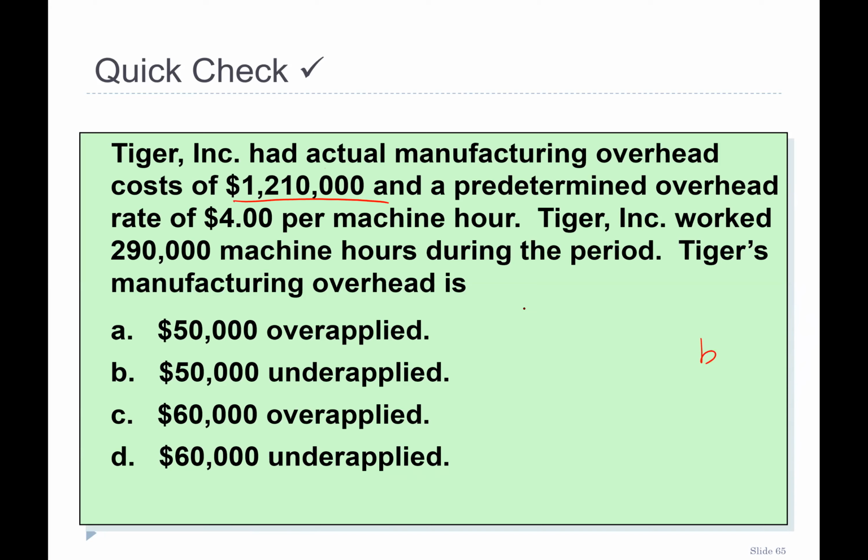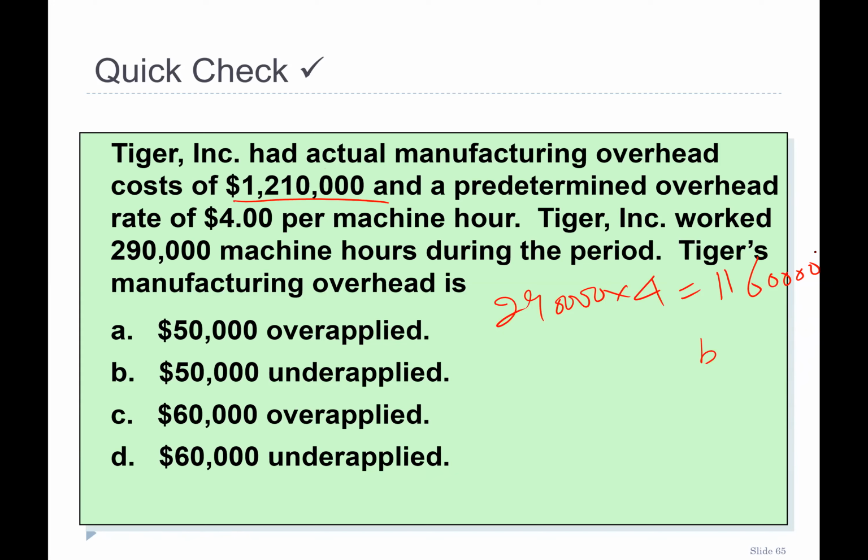So we know that 290,000 machine hours are actual. What would be its applied, or what would be its estimated? You multiply this with 4. Answer would be 290,000 multiplied by 4. It is 1,160,000.